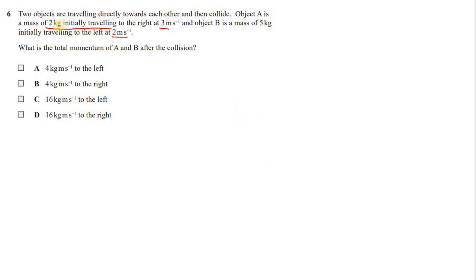So you have mass A. This is A, 2 kg, traveling right at 3 meters per second. And another object B, which is 5 kg, traveling left at the speed of 2 meters per second, or 2 m s^-1.